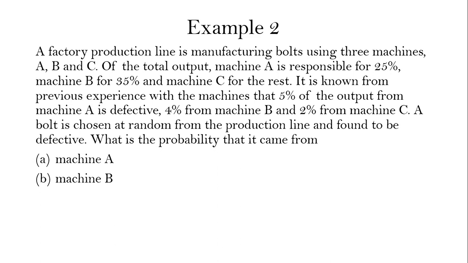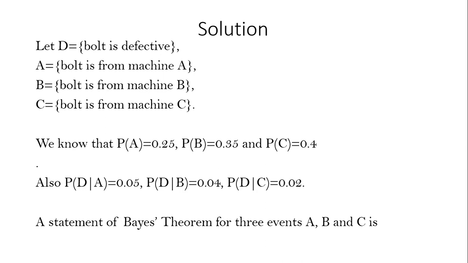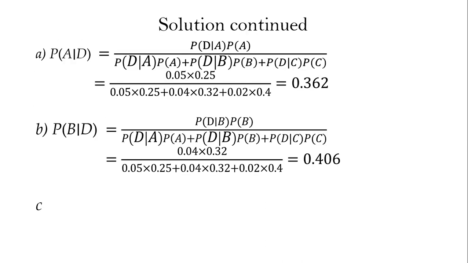That's what we have to evaluate. And then the 4% is defective given that it is from machine B. So the conditionality is it being from machine B, and the third part is it being from machine C. So that's quite important for us, and we are able to proceed with our question.